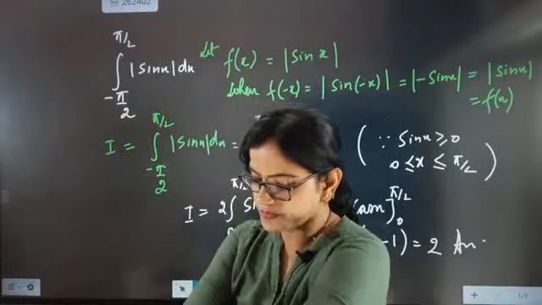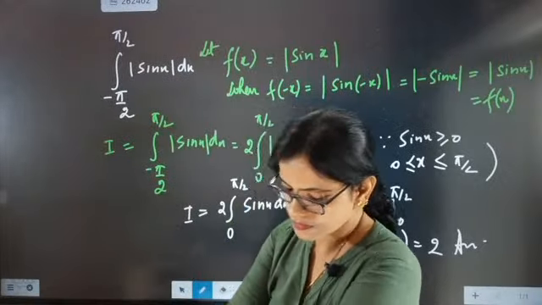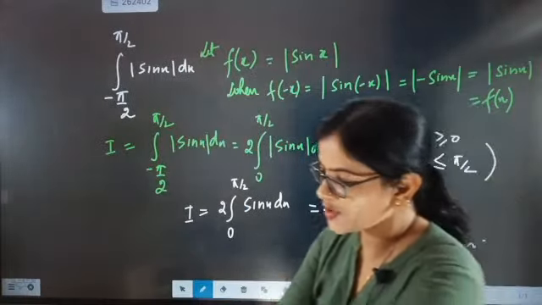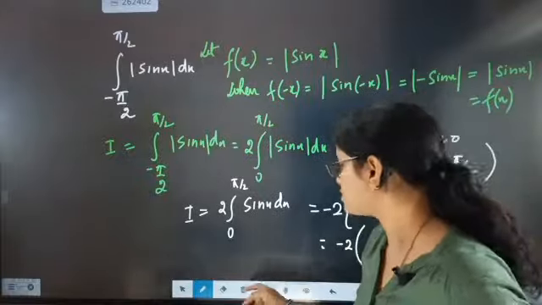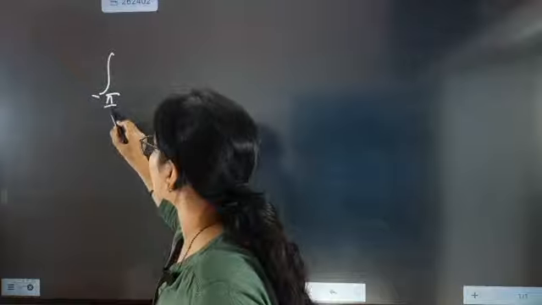Okay, solved. Shall we go for next question? Okay, we are going to go for next question. For this type of questions, it is given that minus pi by 4.